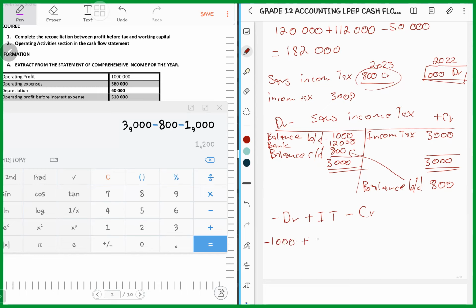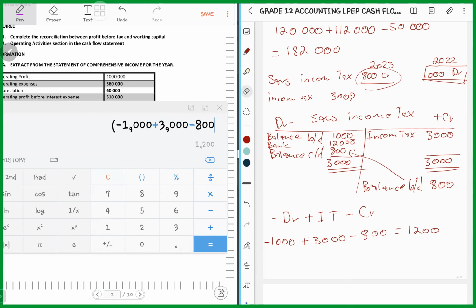Then we're going to add the income tax, which is 3,000. Then we subtract the 800. So let's see how much that gives us. Since this one is negative, it should be like this: plus 3,000 minus 800. It gives us 1,200. That is the first formula.